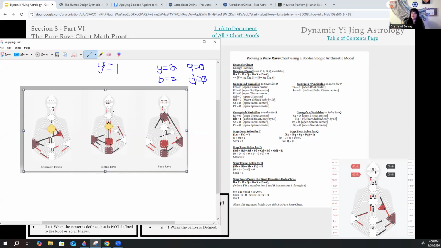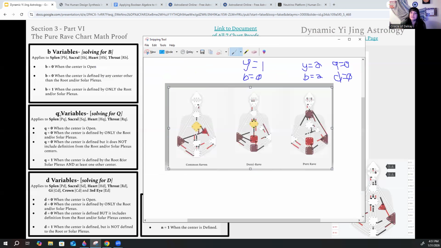So Y is 1 and B is 0. B is the rave type connection. The sacral is the only one connected to the root chakra, but the sacral is also connected to other chakras. So there's no B value for the sacral because it has those other connections. But because it's connected to both, it has a Q value.